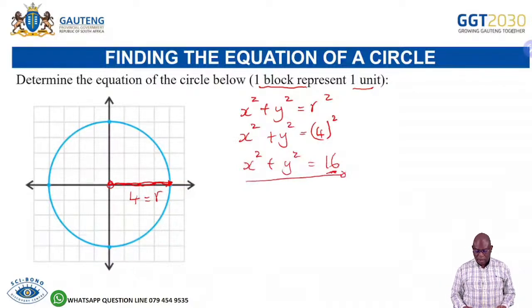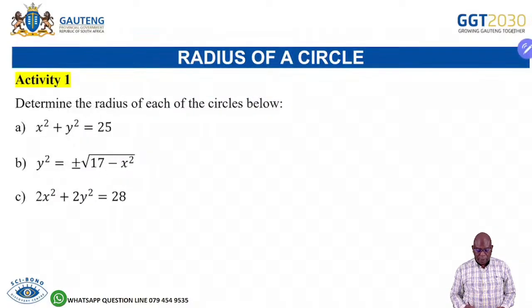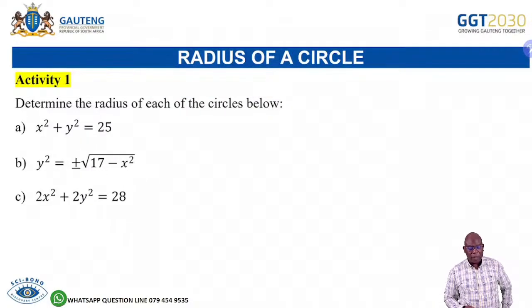A mistake that we always make is when we arrive at the value of r, we put a 4. The 4 is the radius, but we need the radius squared. Remember, that is our hypotenuse if we have a right angle triangle. Right, let's look now at activity number 2.